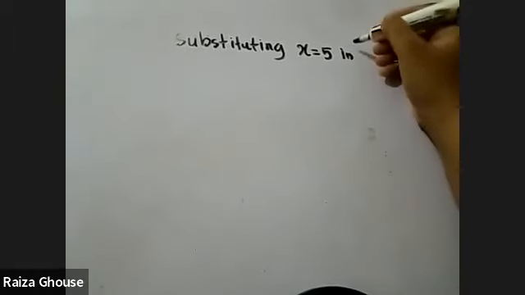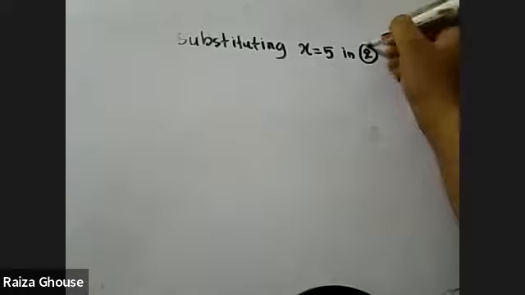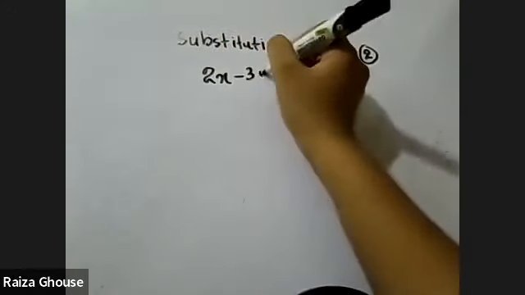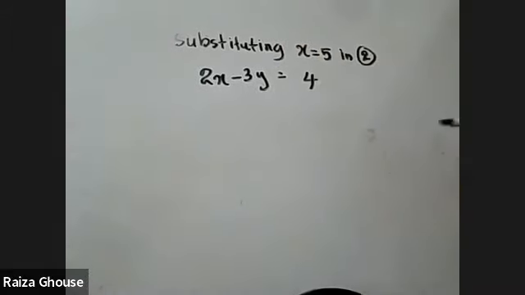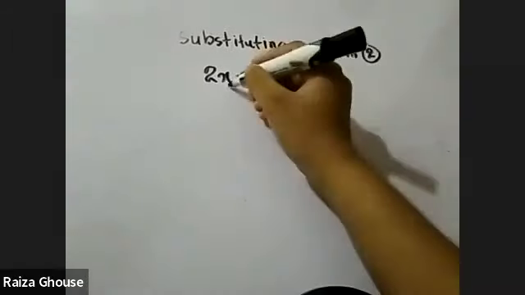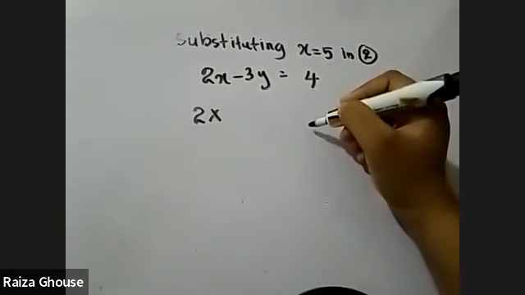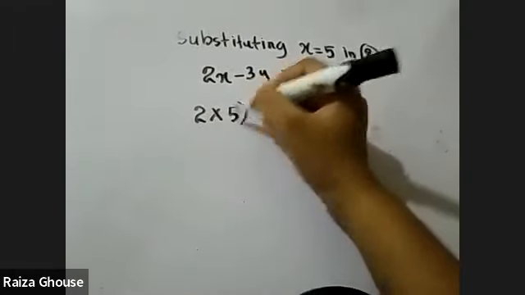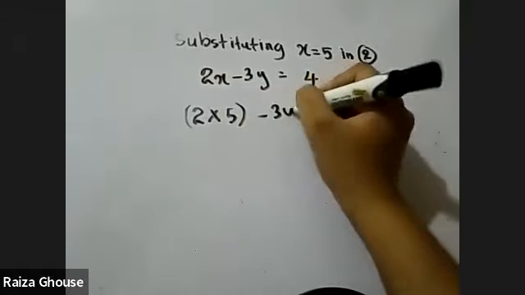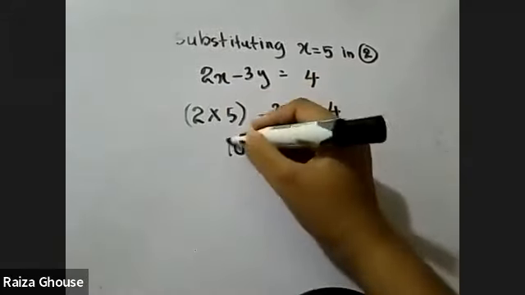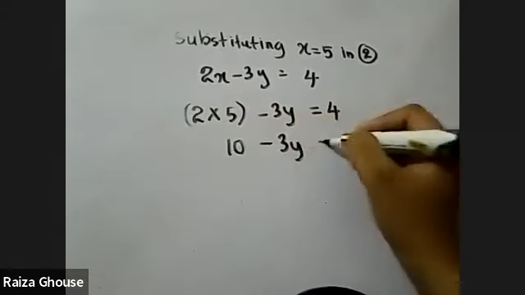I'll take the second equation, though you can do any equation. My second equation is 2x minus 3y equal 4. Substituting means instead of x, you are writing the value of x. We found the value of x is 5. 2 into 5 minus 3y equal 4. 2 into 5 is 10, minus 3y equal 4.